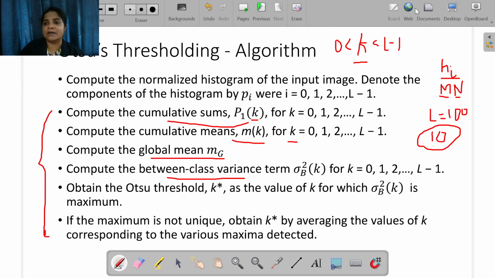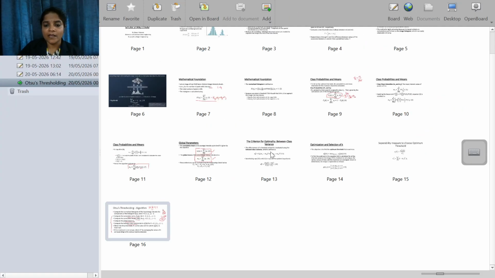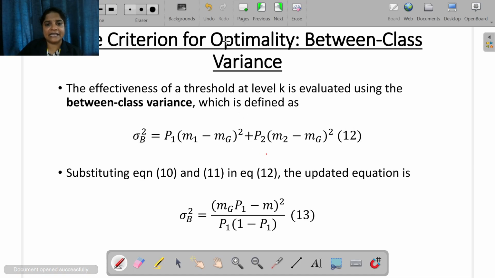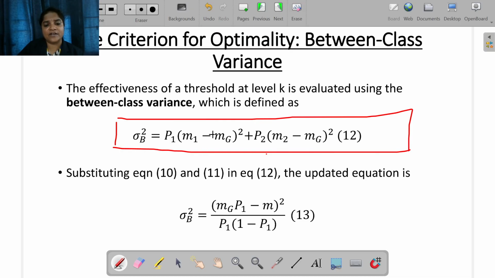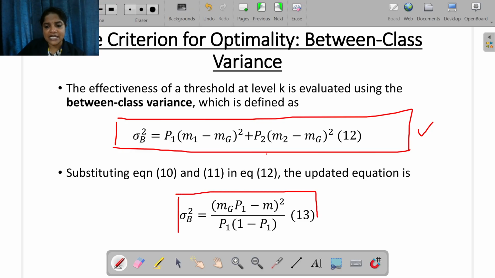So how do you calculate sigma b square? We have the formula for that. The criterion for optimality. So this is the formula for calculating sigma b square. Sigma b square is equal to P1 into M1 minus Mg the whole square plus P2 into M2 minus Mg the whole square. You can use this formula, or we can go for the simplified formula. Mg into P1 minus M the whole square divided by P1 into 1 minus P1.